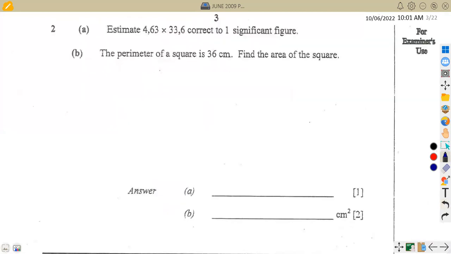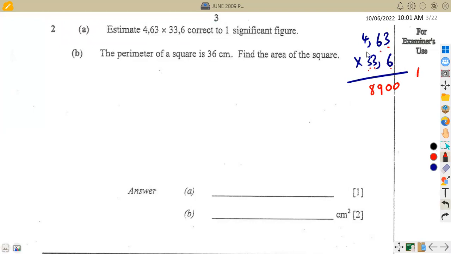Number 2, estimate to one significant figure. So what are you going to have here to 1 SF? So we have to multiply 44,6, that's 4,63 by 33,6. Okay, let's multiply. How many decimal places do we have? Okay, just ignore the commas here, just work with the whole number. So 3 times 3, that's 9. 3 times 6, that's 18.